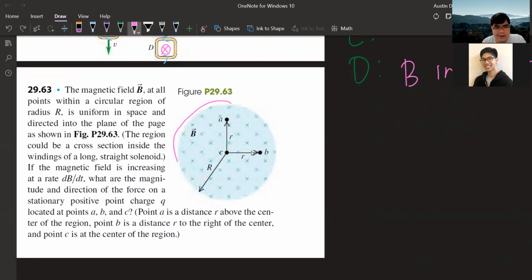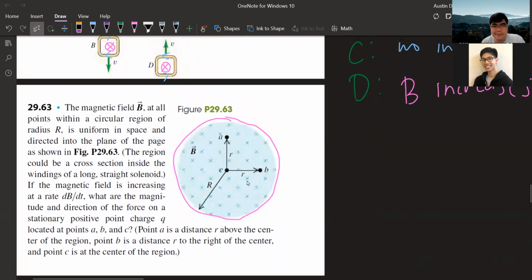na meron akong wire dito. Okay, meron akong wire dyan and to produce this kind of setup that we have into the page na magnetic field. So therefore, I would have this kind of wire to have a current running clockwise. Okay?